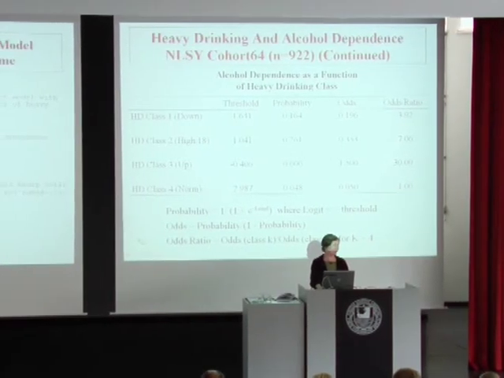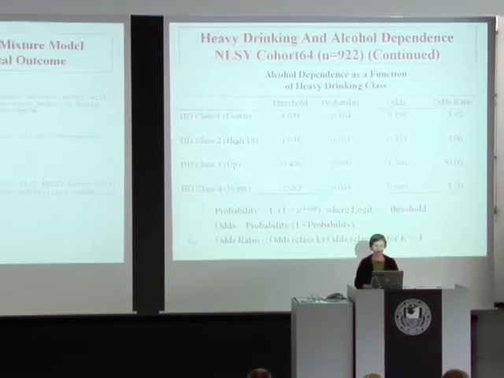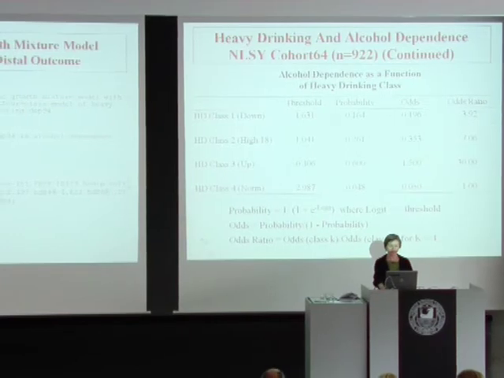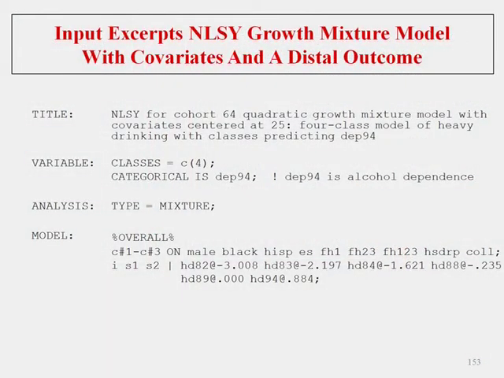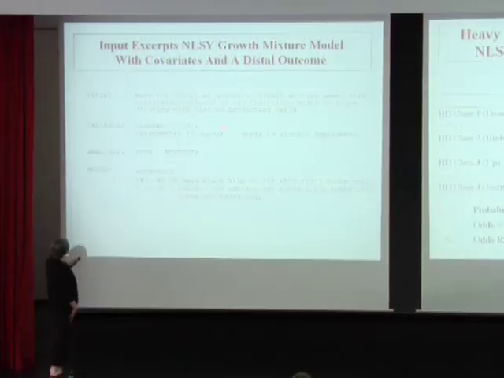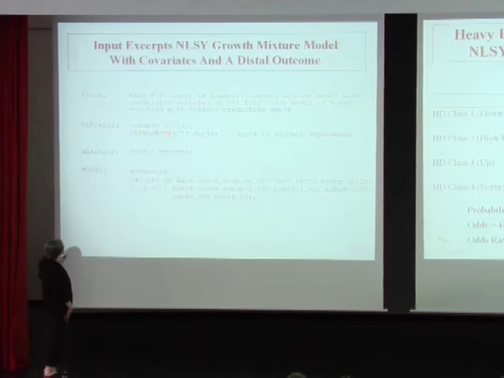Okay. So now for this example, I think we have the output for that. Input. So here we have our categorical variable DEP94, so alcohol dependence.